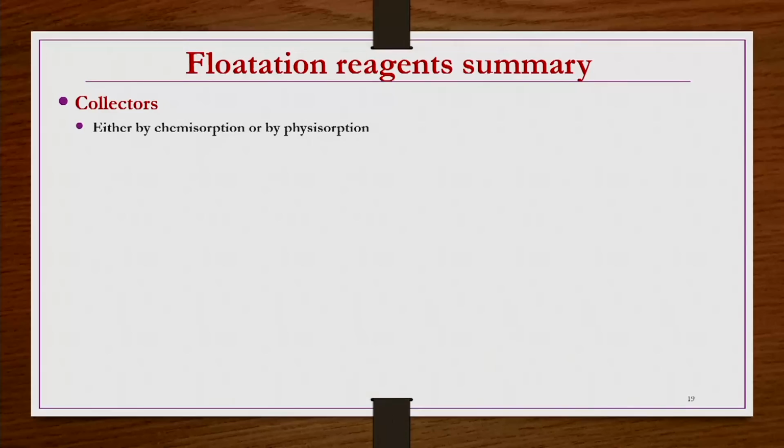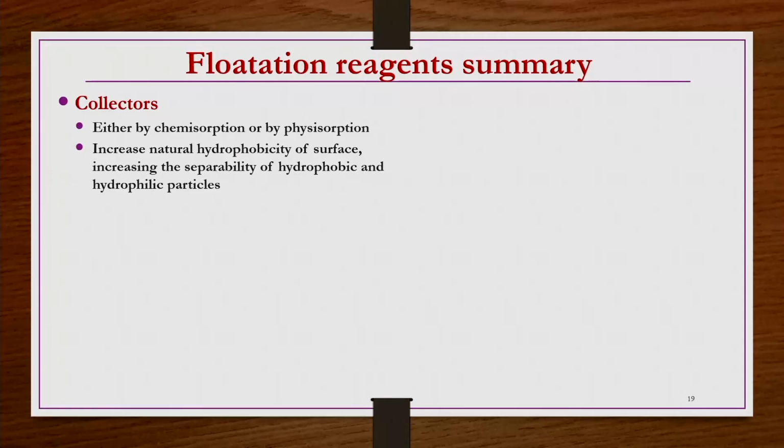Collectors, either by chemisorption or by physisorption, form a layer of foreign material onto the solid surface, several molecules thick, right. So, that can be done either by chemisorption or by physisorption. They increase natural hydrophobicity of the surface and thereby increase the separability of hydrophobic and hydrophilic particles.